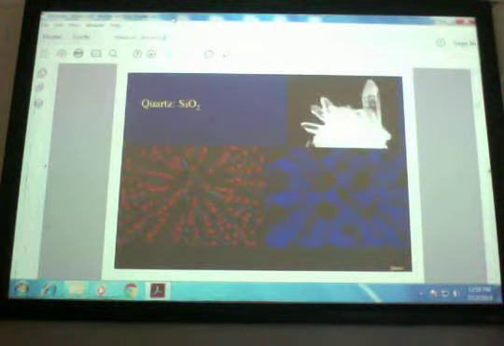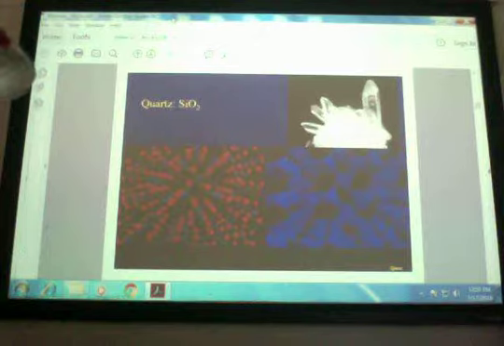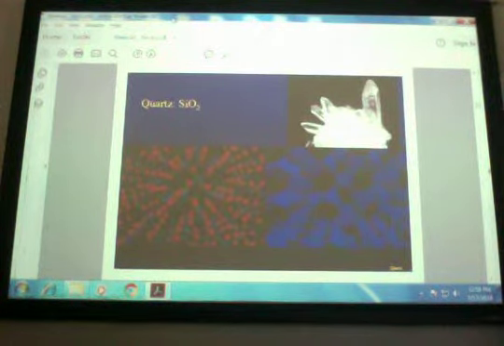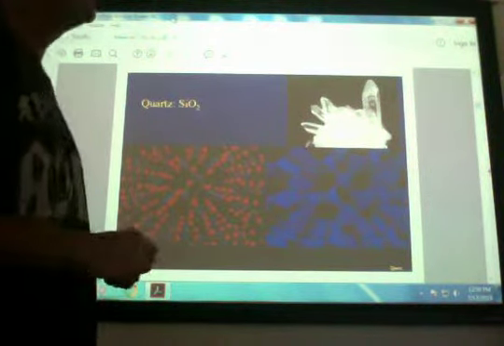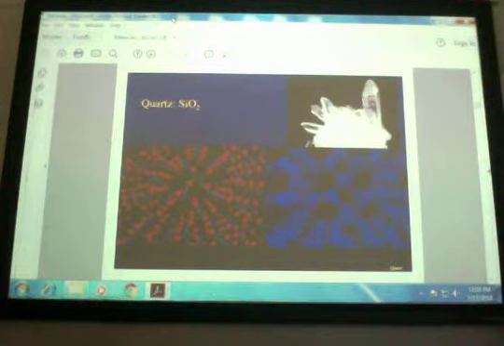So the next slide. Here we have now the quartz, which I have just given you around. It looks different compared to the olivine before, yeah?